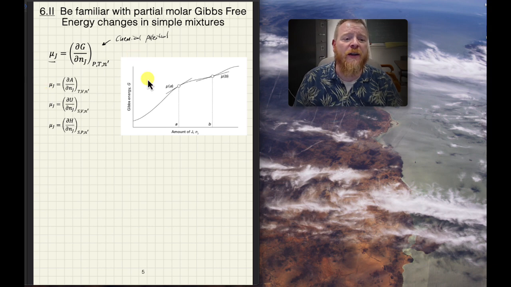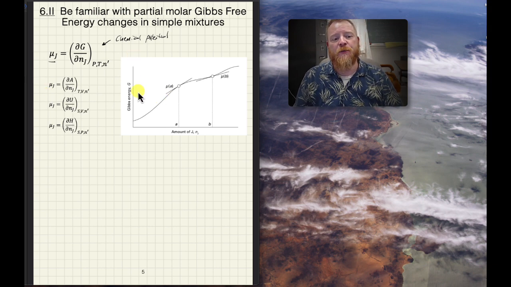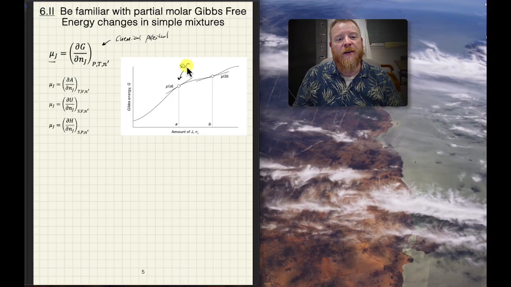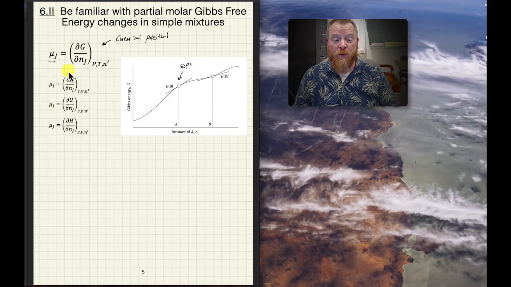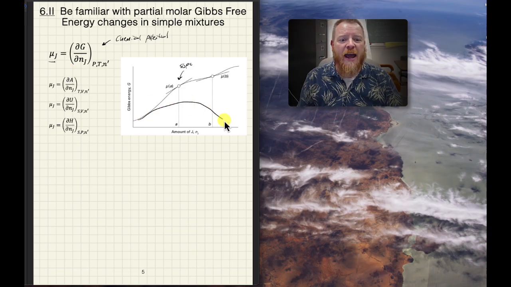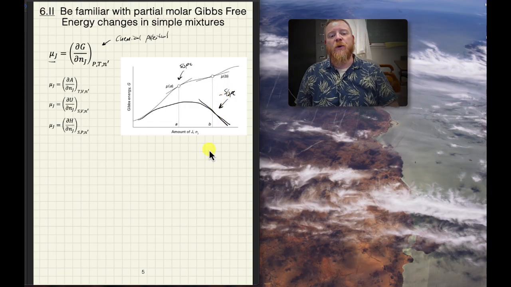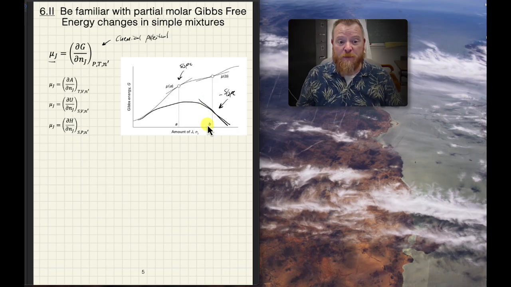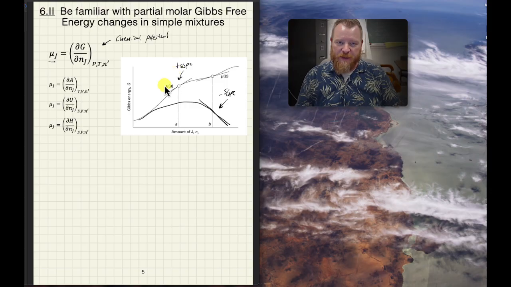And just like we saw in volume changes, if we look at Gibbs free energy changes, the slope of this line is going to give us that partial molar quantity. Of course, we could also have negative slopes as well. I know this figure didn't indicate that, but we could have a negative slope, which would indicate that the addition of some species lowers its chemical potential. And of course, a positive slope means the addition of that chemical species raises its chemical potential.